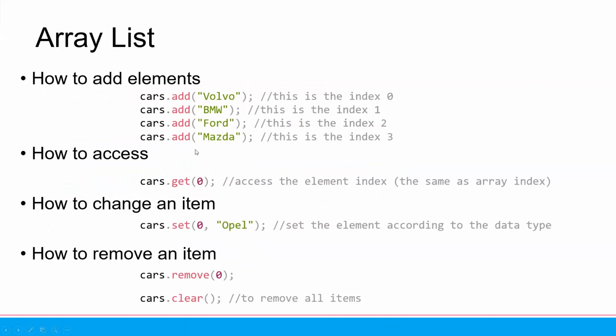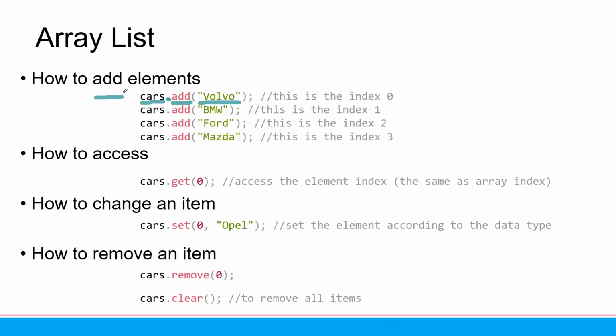Whenever we want to add an element, we can use the function add. We call the variable name and use dot add. I'm going to put the first car, Volvo.